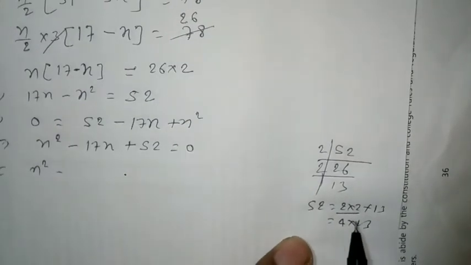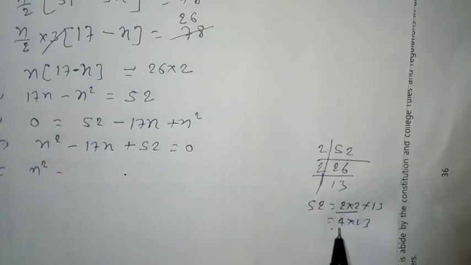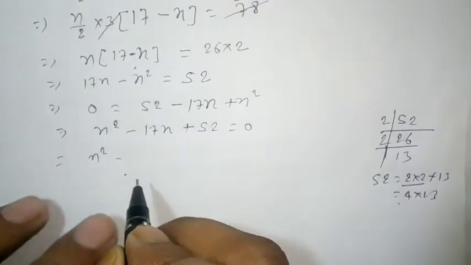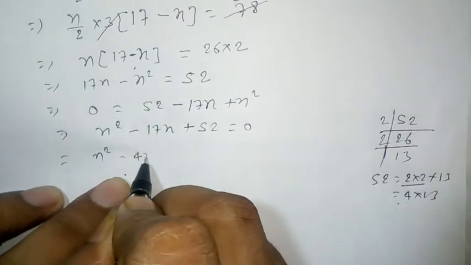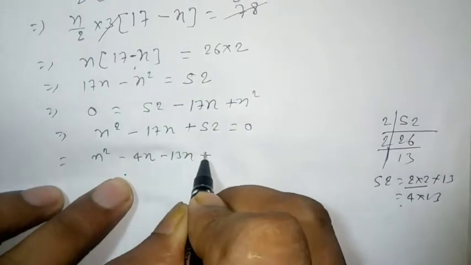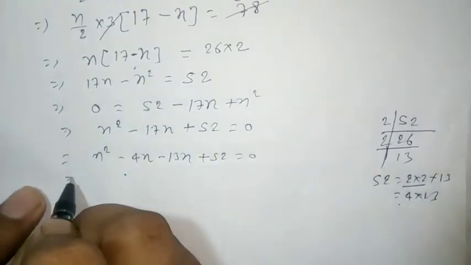We add 13 plus 4 is equal to 17. So we write here: n square minus 4n minus 13n plus 52 is equal to 0.